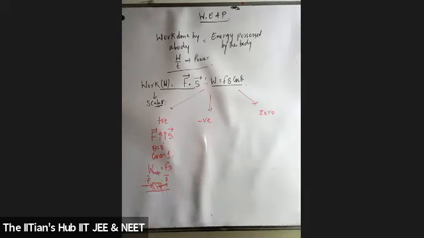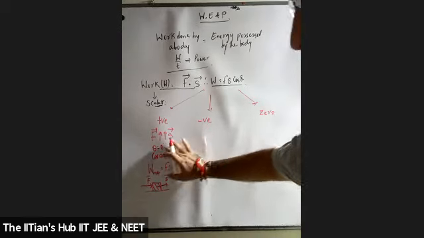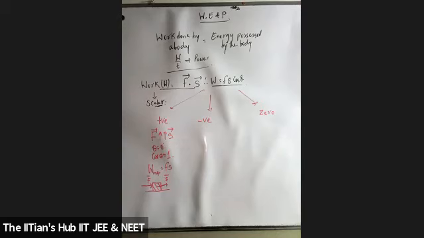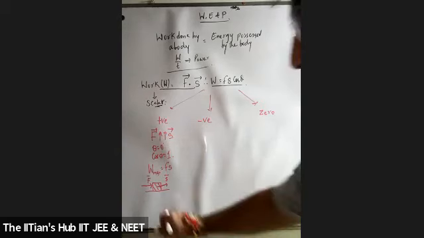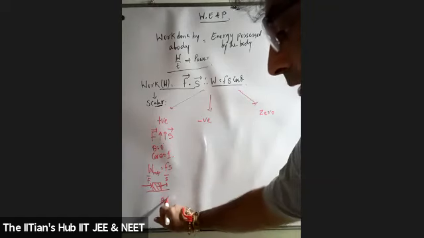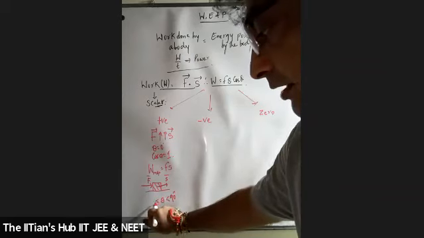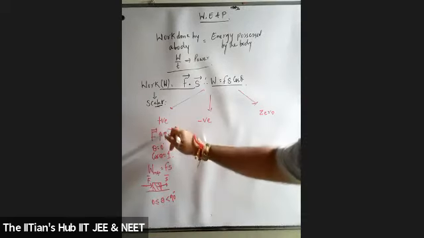But when exactly is work done said to be negative? For work done to be maximum, theta should be equal to 0. Can I say the value of theta should be less than 90 degrees or greater than or equal to 0? Will this be correct, students?